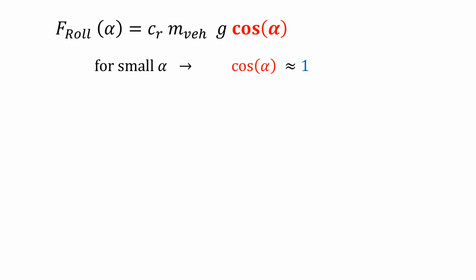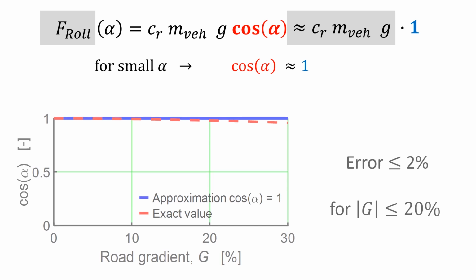However, for a small alpha value, cosine alpha is approximately 1. Therefore, for small alpha values, there is no significant dependence on alpha. The rolling resistance can be approximated as the rolling resistance coefficient times the mass of the vehicle times g. Thus, the approximate rolling resistance force is not a function of road gradient.